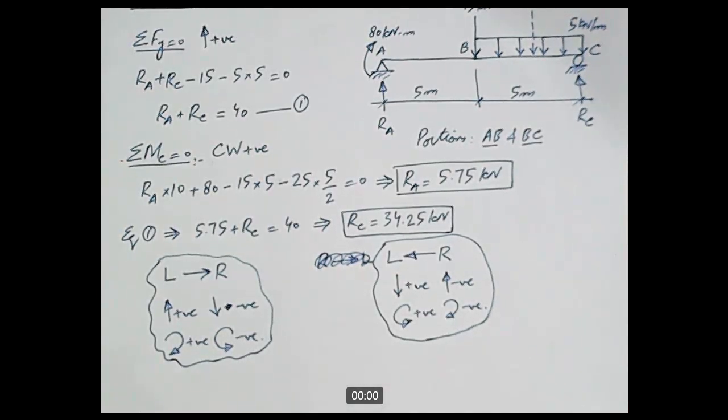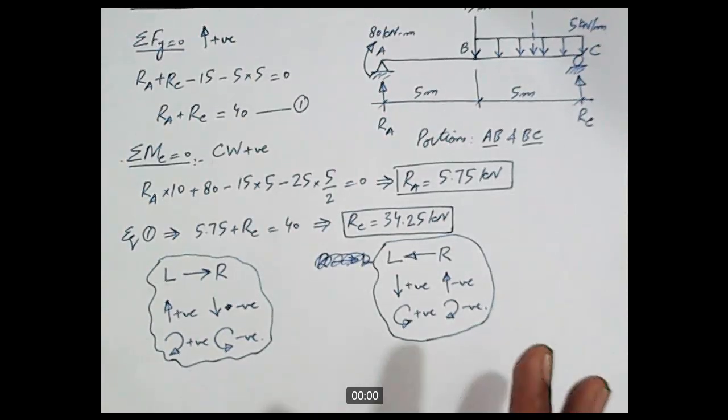And I'm using the word convention. Convention means something that is not absolutely fixed, or that's not a rule that is followed everywhere. Conventions are things that we define while solving any problem, and if we want, we can change that convention as well. But in our case, we are following this convention.